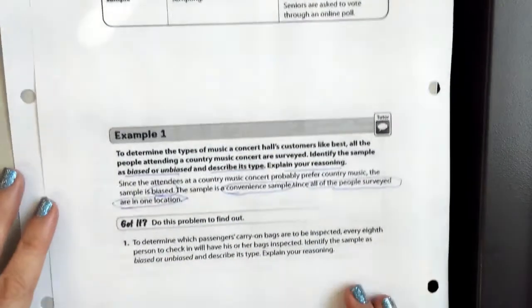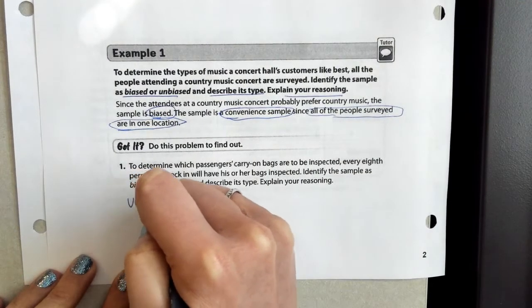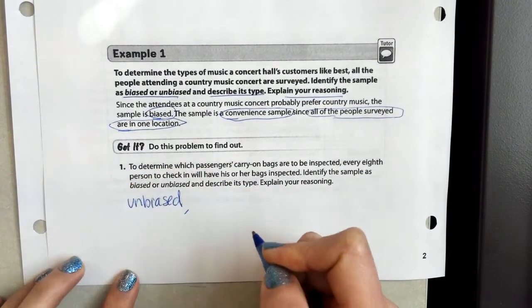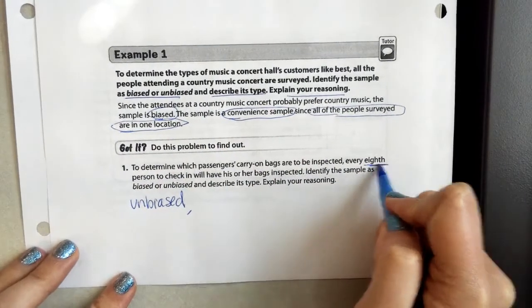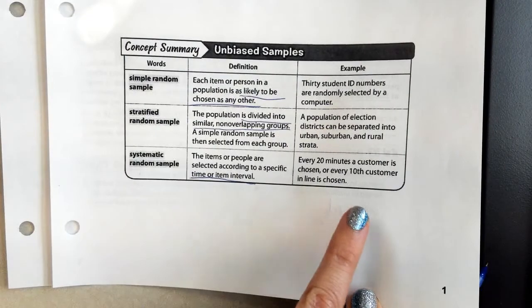So in this one, I would say that this is unbiased. And I know, since it says every 8th, that it is systematic random. That's at an interval.